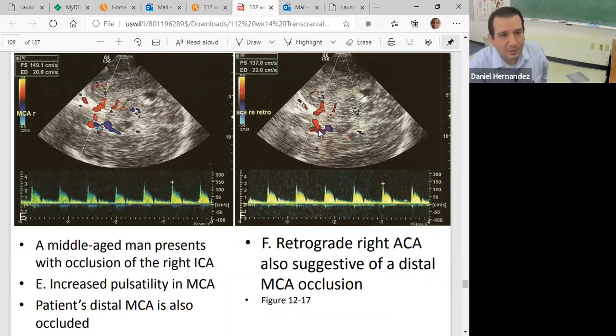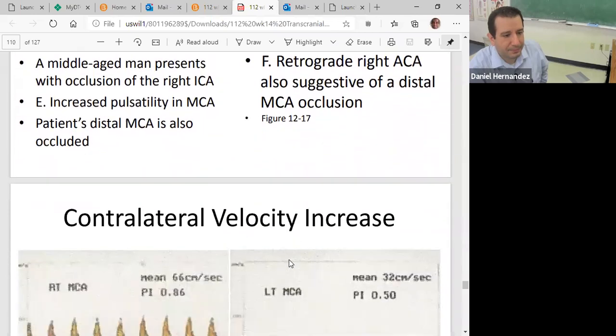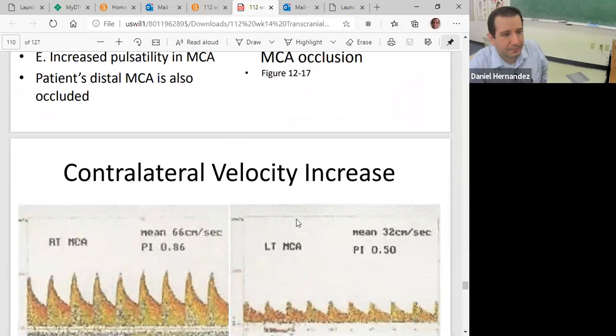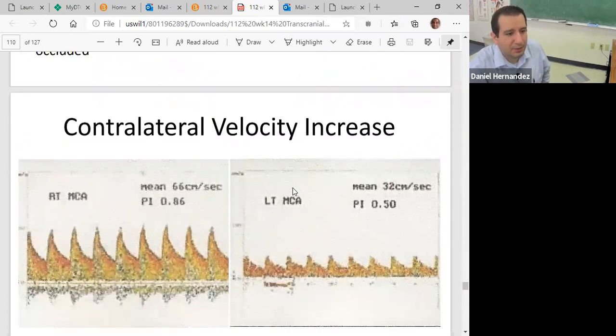They also have retrograde flow in that anterior cerebral artery. So we'll also look for contralateral velocity increases.